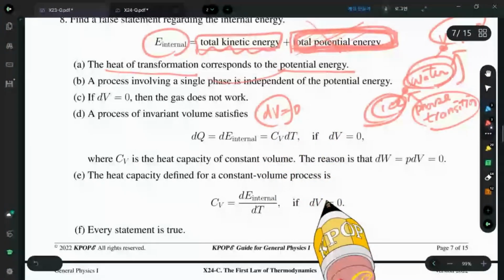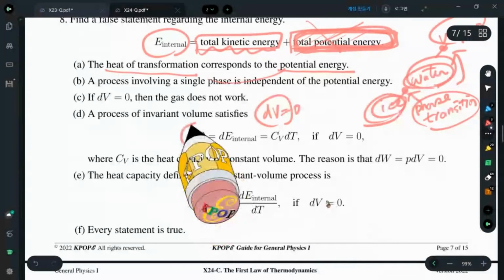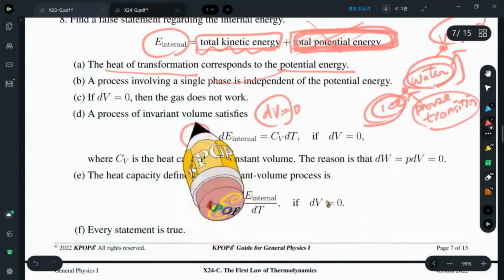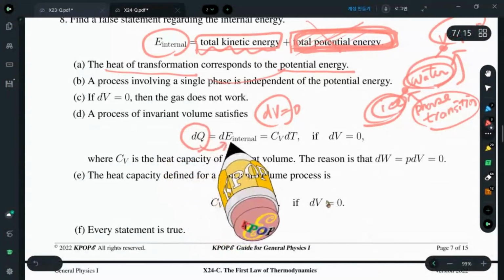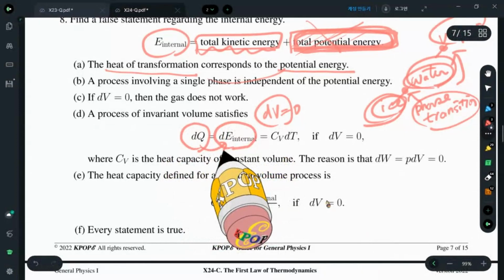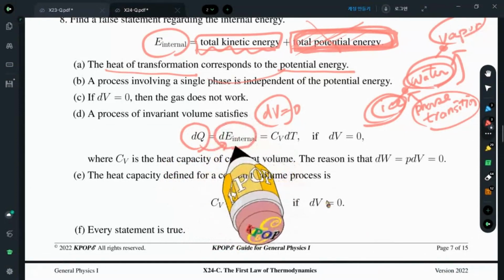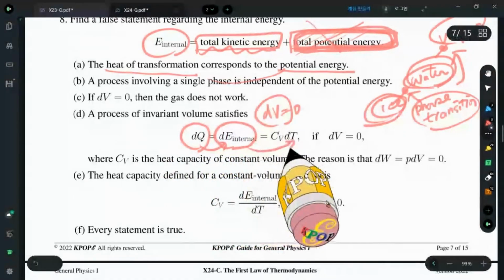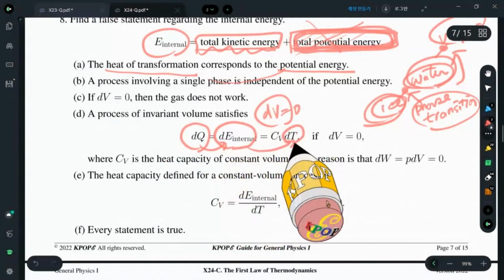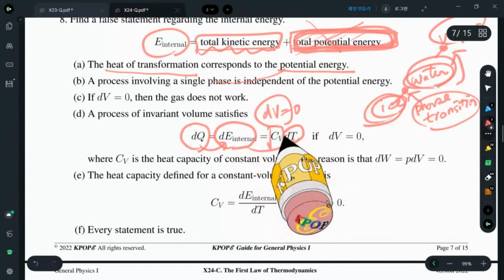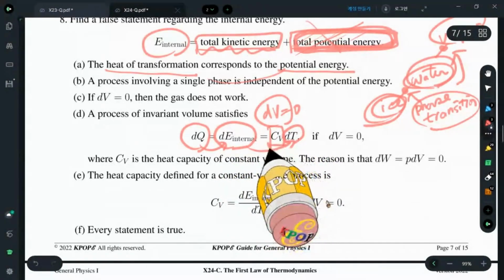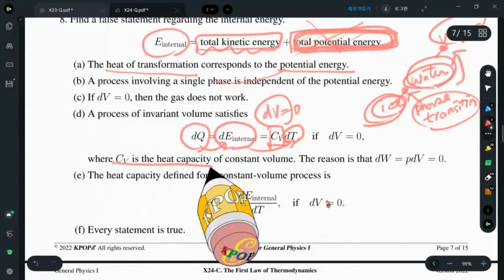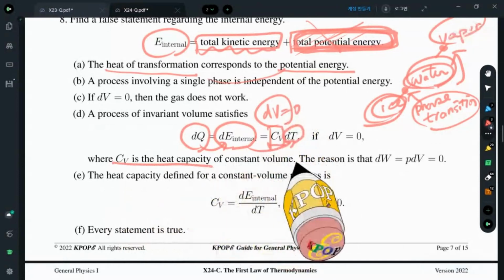If the gas does not work, the supplied energy is directly transferred to the internal energy. Internal energy is always proportional to the temperature, and that results in the temperature change. The overall coefficient is called the heat capacity of the constant volume process.